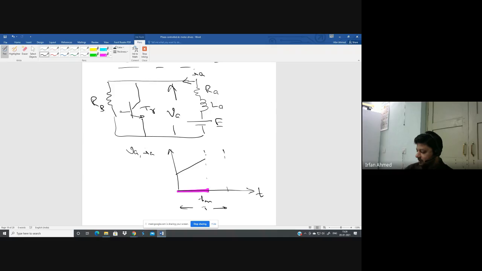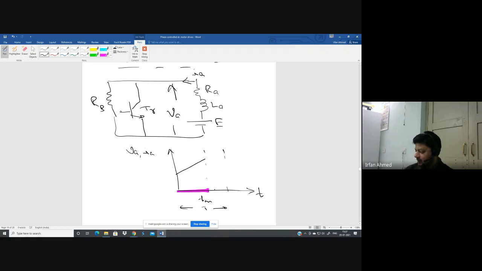Because of E, there is no opposition here. What was there before? Before, RB was there and the chopper was off. Now you removed RB and connected a short circuit. So the armature current will increase.